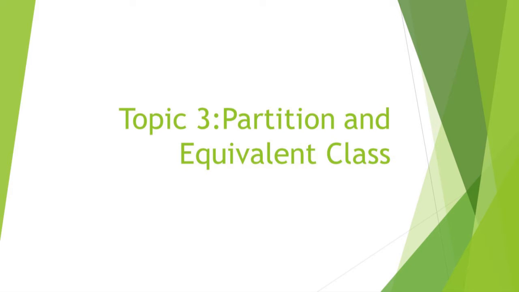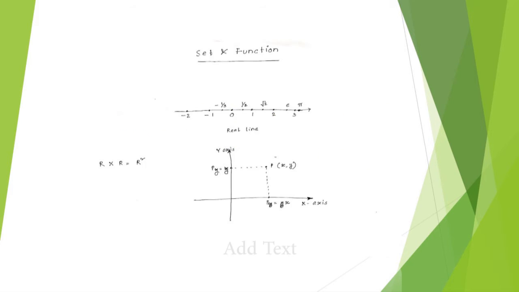In the previous two lectures, we have laid the foundation of sets and functions. We have introduced set theory, the naive set theory, and different operations such as union, intersection, and complements, and discussed their properties.